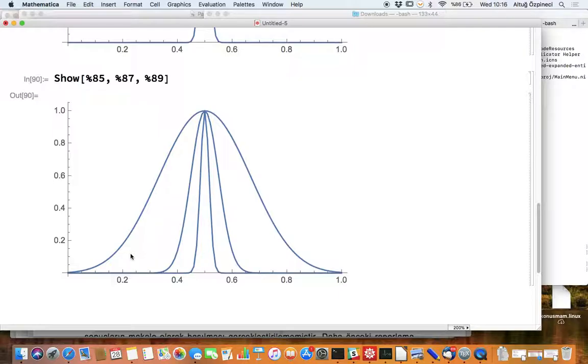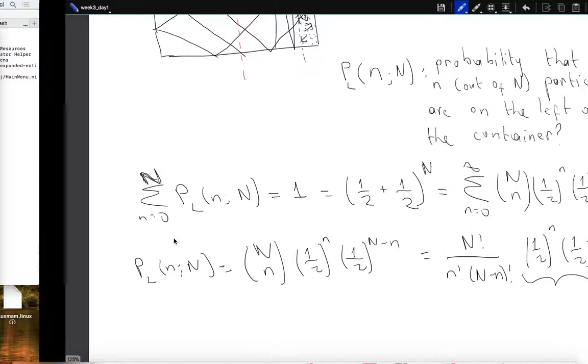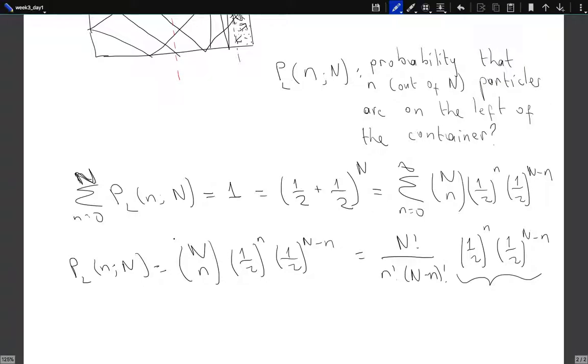Now let's try to quantify these observations. So here we have some numerical observations. The first question I would like to ask is, what is the average number of particles on the left?